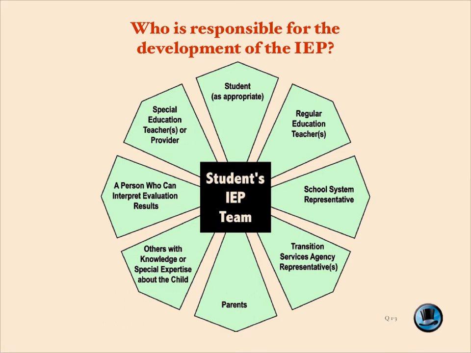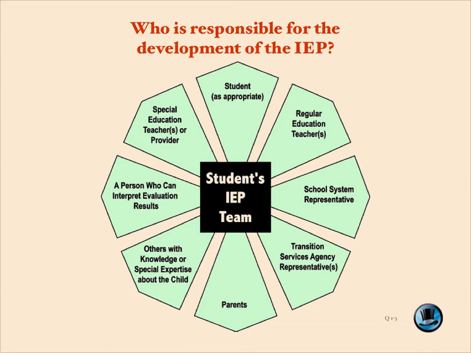Who indeed is responsible for the IEP? Well, all of us are. When we look at that particular student, we as a country have said, look, these children, disabled or not, have value, and we can make a great deal of difference if we work together as a collaborative team.